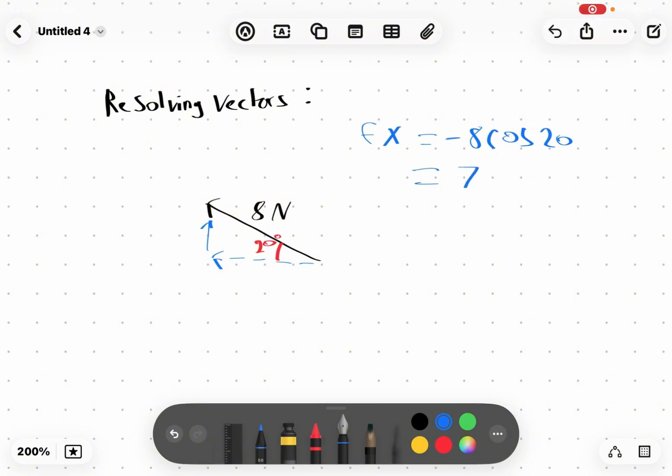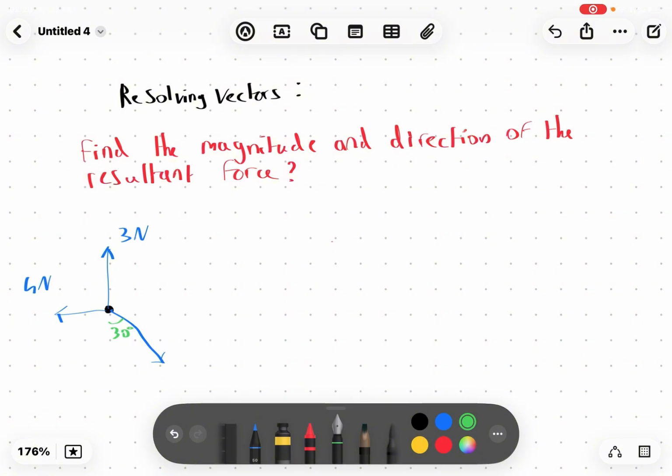The answer will be minus 7.52 newtons. And Fy will be 8 sine 20, which will be 2.74.